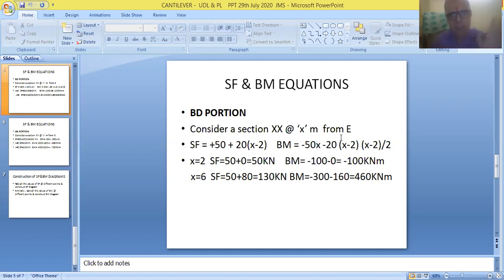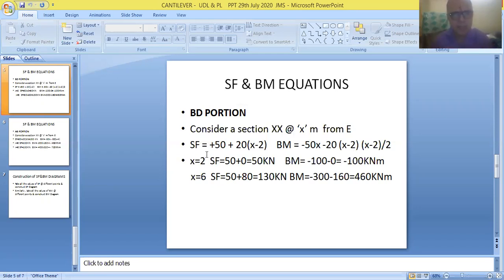So in all the cases, this section has to be taken at a distance of x meter from the free end of the beam. So friends, this is the basic thing which you are supposed to follow while preparing these equations.